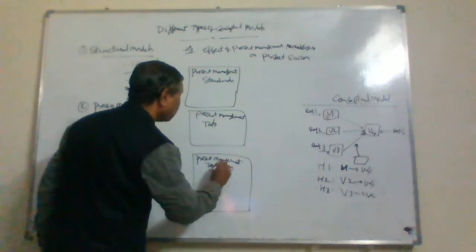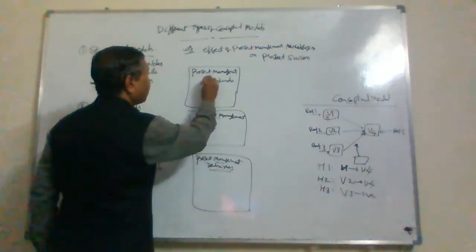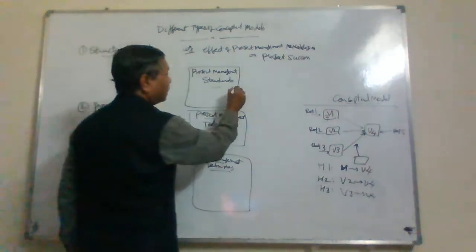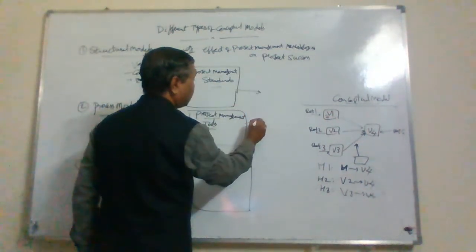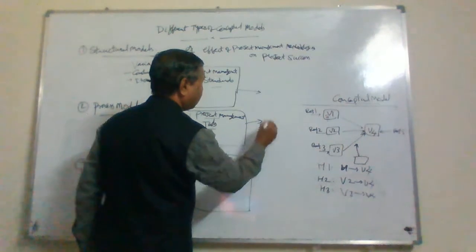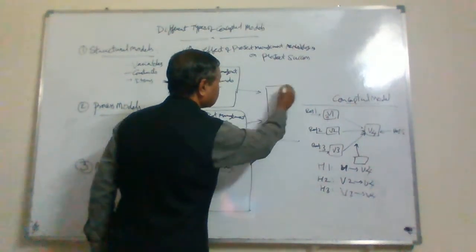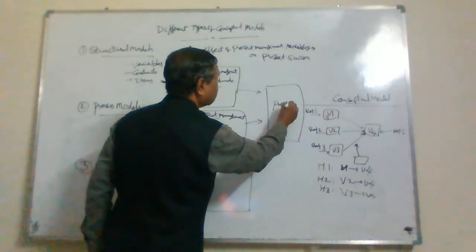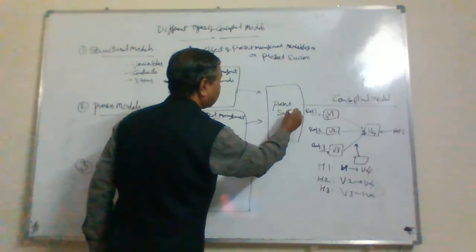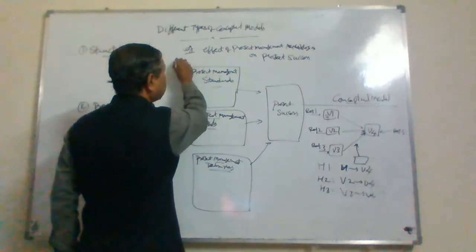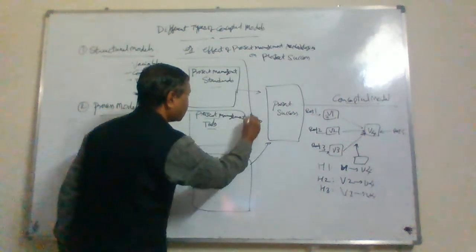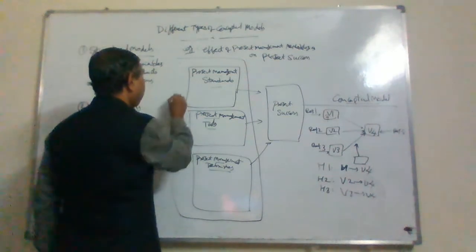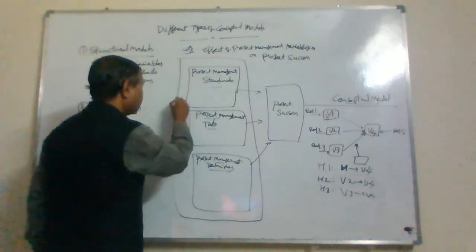For example, these are the three variables you have identified, and these can impact what? Project success. So these variables are part of what? Project management methodologies. These three variables are part of project management methodologies.